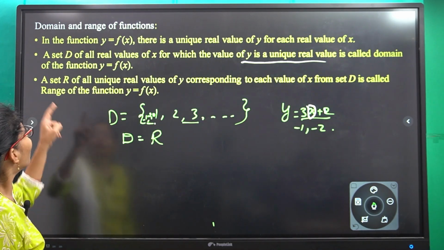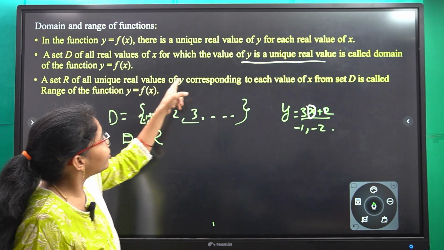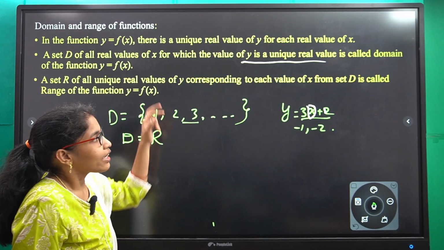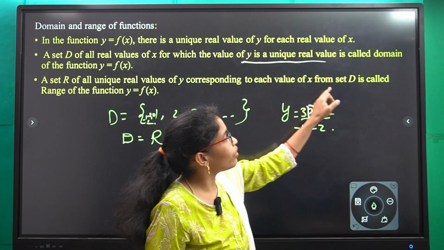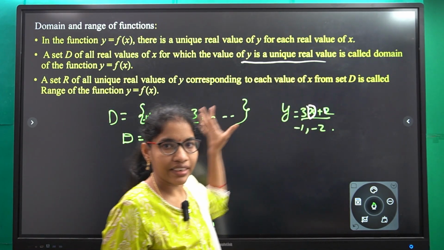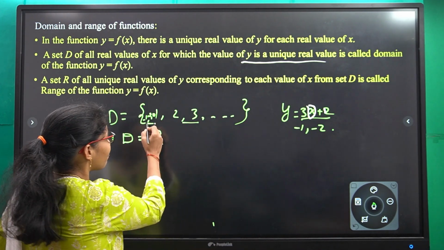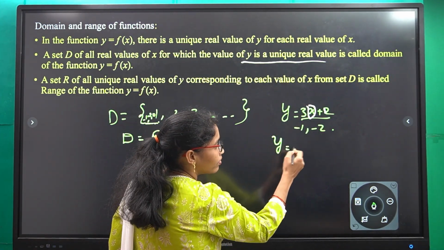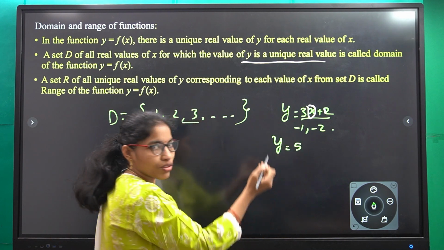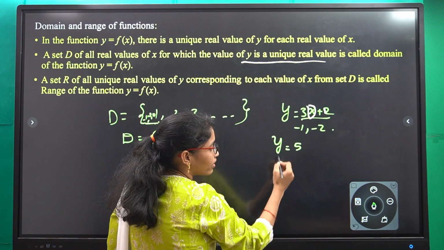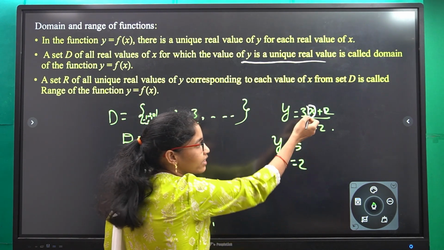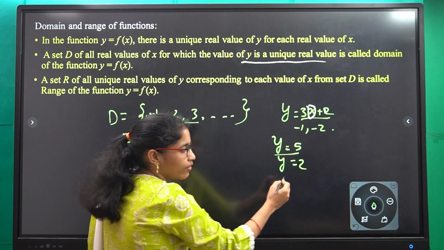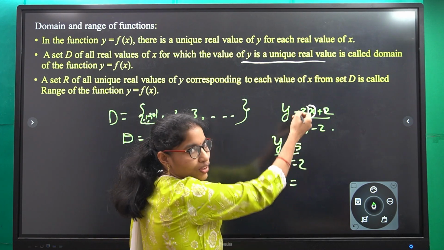Clear? Now, a set R of all the unique real values of y corresponding to each value of x from the set D. Suppose I take x equals 1. What is the y value here? 5. Suppose x equals 0. What is the y value here? 2. If x equals minus 1, what is the y value?